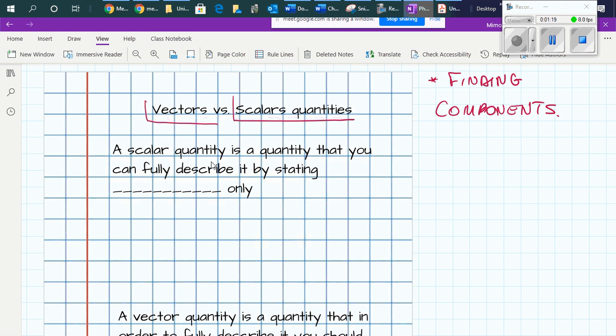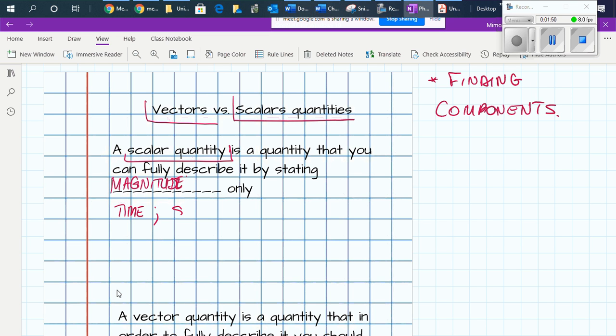A scalar quantity is the one that you fully describe, you give the description of the quantity that you are dealing with, when you are stating the magnitude of this quantity.